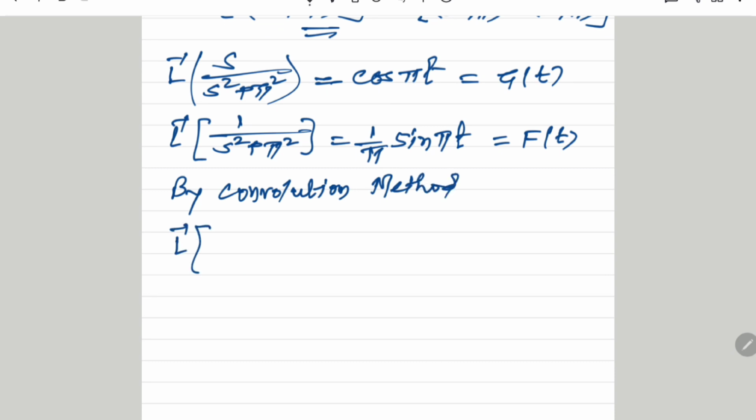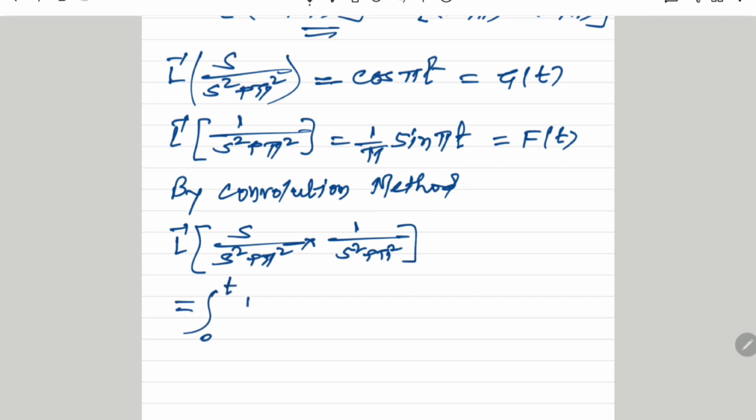inverse Laplace of that product s upon s square plus pi square into 1 upon s square plus pi square is integration from 0 to t f of u multiplied by g of t minus u.